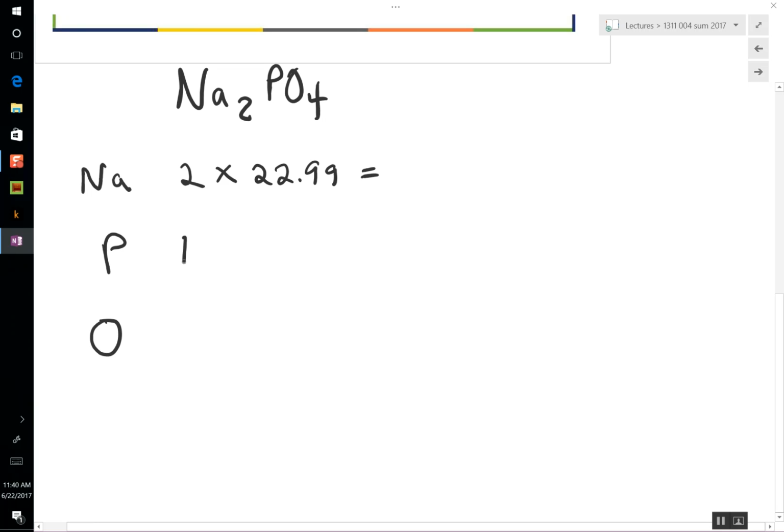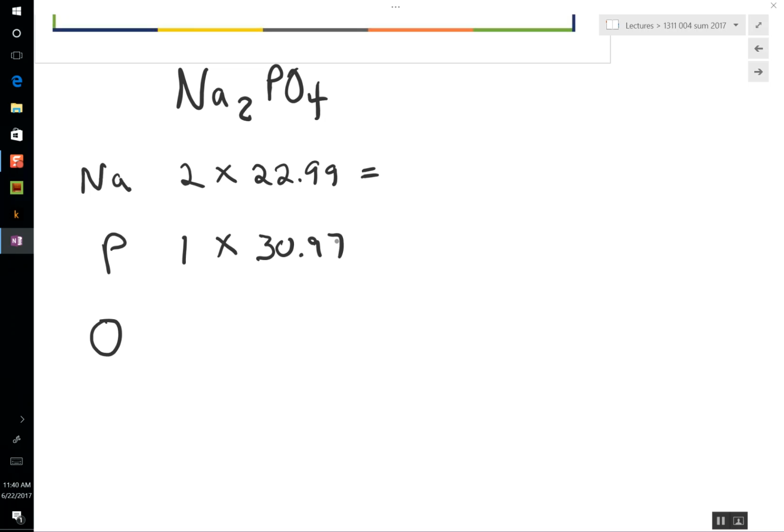You've got 1 phosphorus, 30.97. I should have had the periodic table in front of me that you guys have. You can see some of this goes out to 4 decimal places. This goes out to 2 decimal places. It typically has 3 or 4 significant figures, and that's good enough.